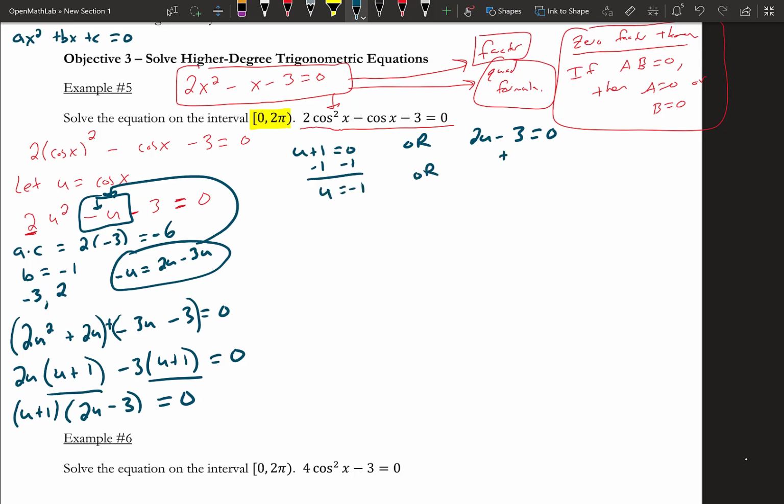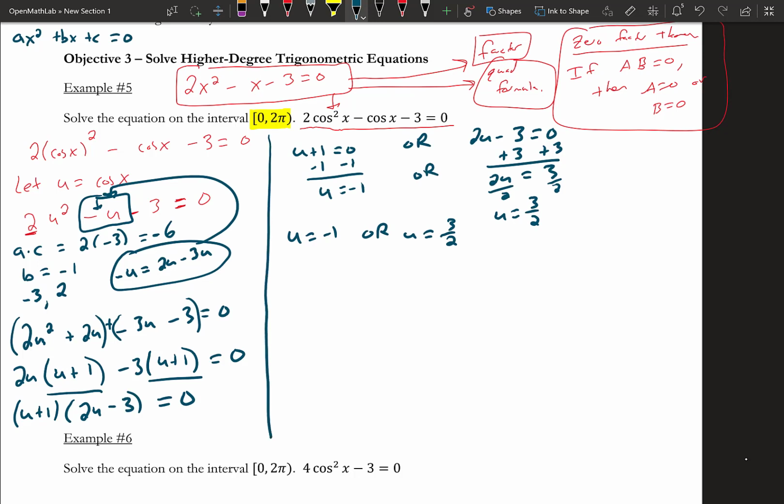Or if I add 3 to both sides, I get 2u equals 3, and then divide both sides by 2, I get u equals 3/2. So u is going to equal negative 1, or u is going to equal 3/2.